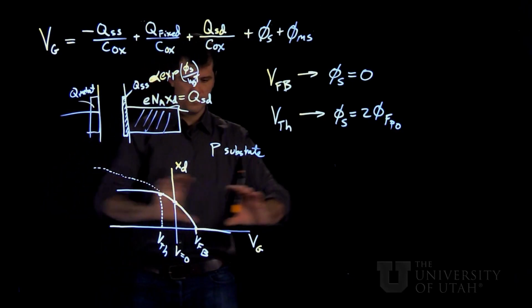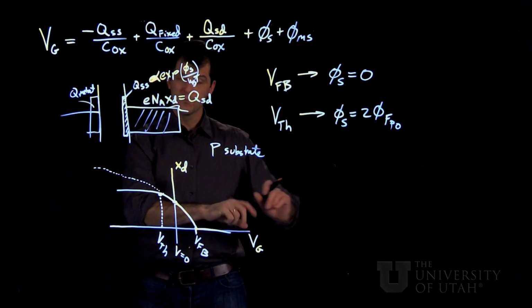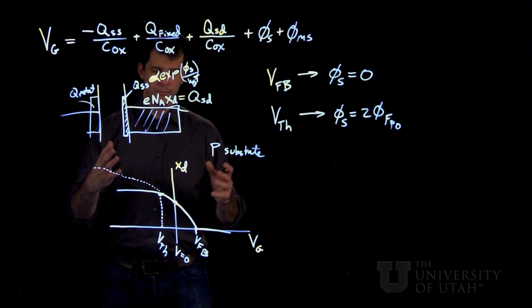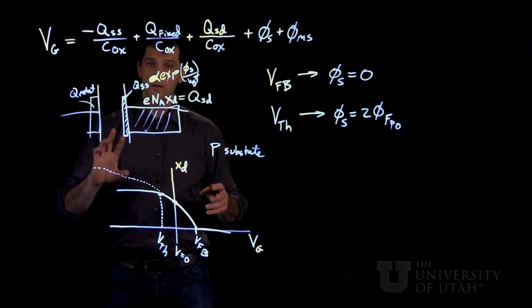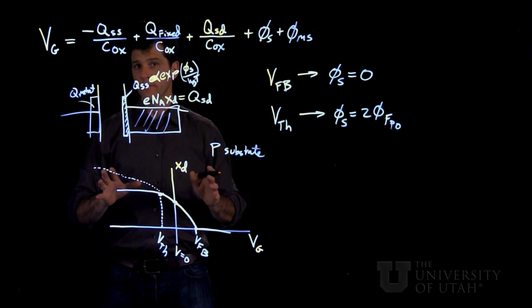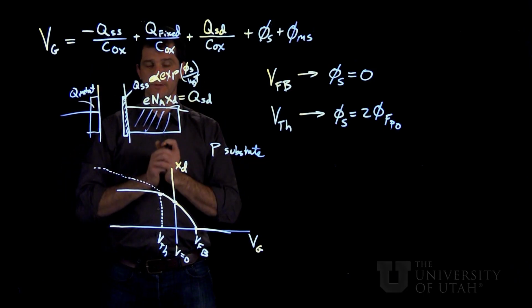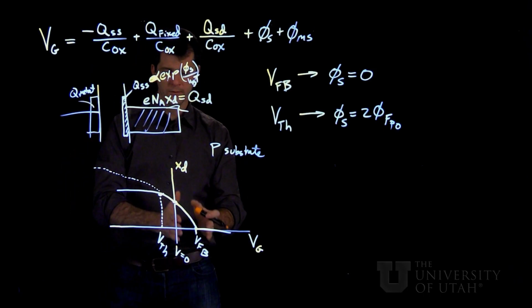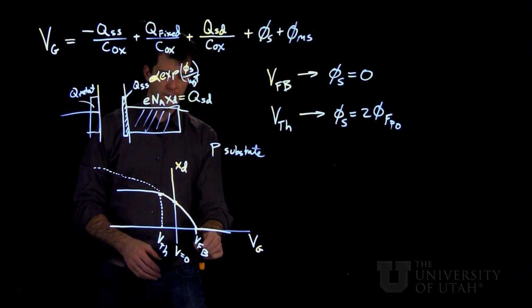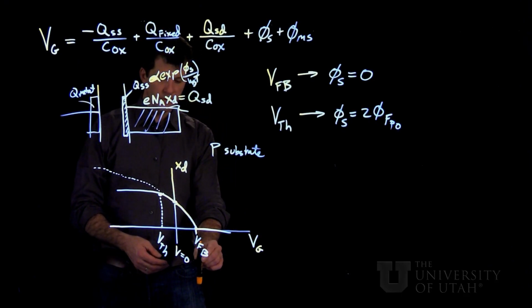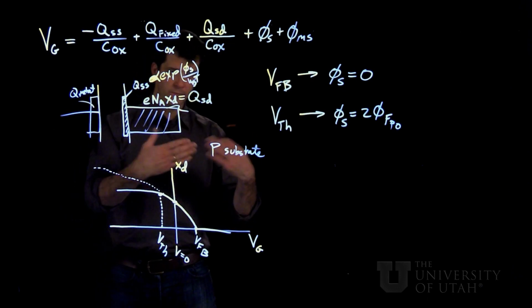And similarly, you could shift them all the way to the other side. So there's no universal behavior in terms of the sign of the gate voltage which causes these phenomena to happen because of all these different types of charges you can have. We can just say that they're ordered with respect to each other. Flat band will always be more positive than threshold, for example, for a p-type substrate.